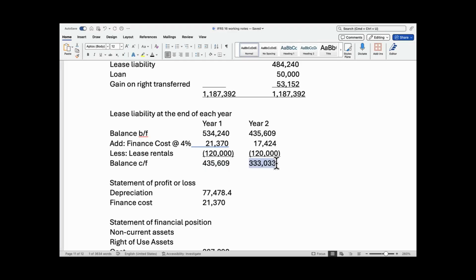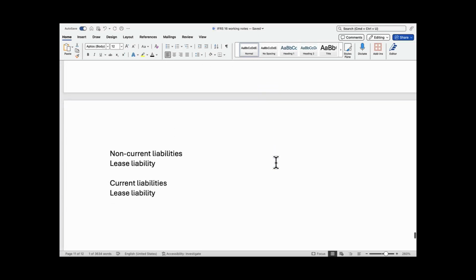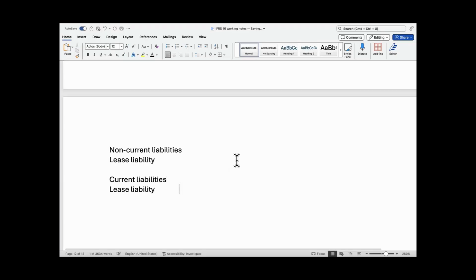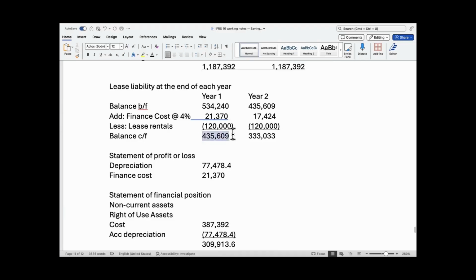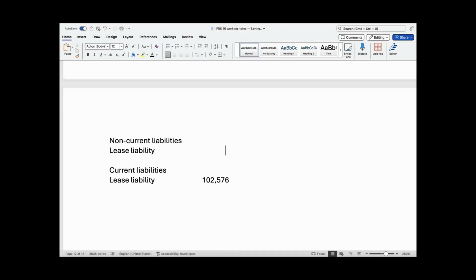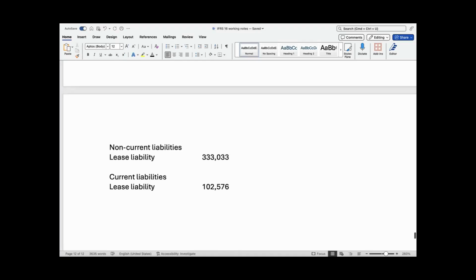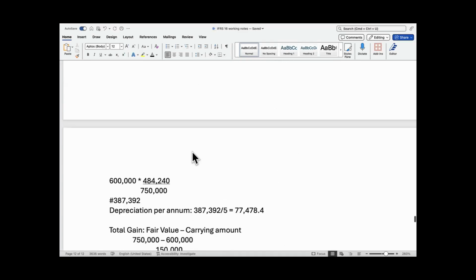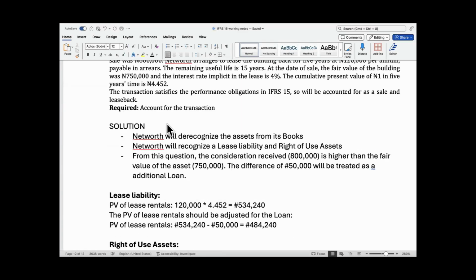So if we do 435,609 minus 333,033, that gives me 102,576. And the balance, if you take away this 102,576 from this amount, it will definitely give you this 333,033. And that will be my non-current liability. And I've fully solved this question, even beyond what I'm expected to do.